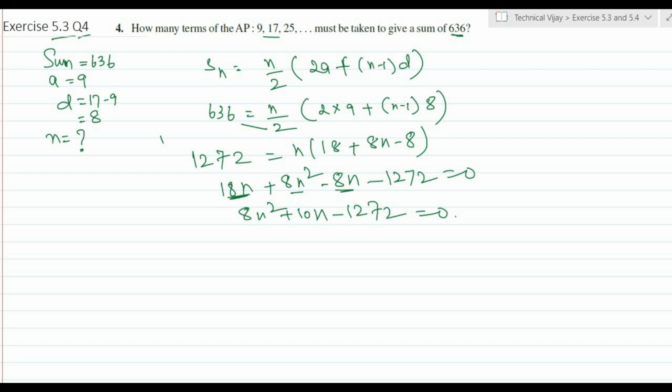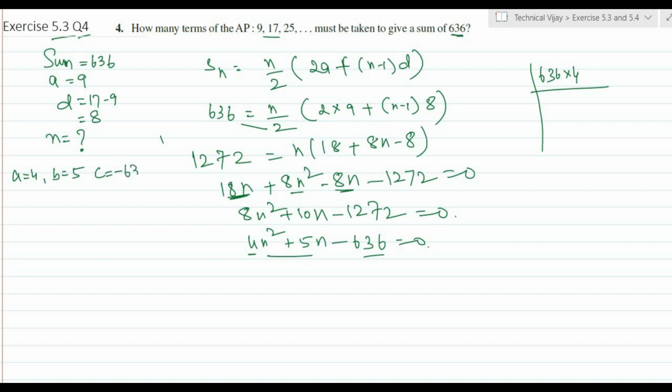So now here this can be divided by 2, so that 4N square plus 5N minus 636 equal to 0. See, we have to solve this quadratic equation. This can be solved by using the quadratic equation formula. So here A is equal to 4, B is equal to 5 and C is equal to minus 636.